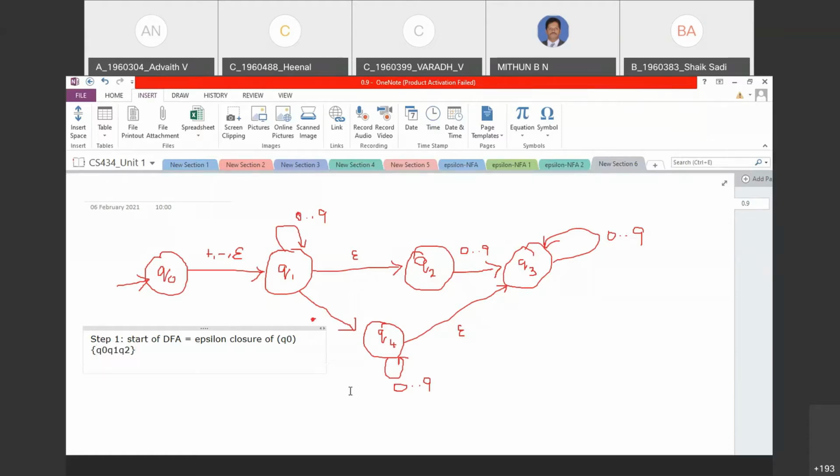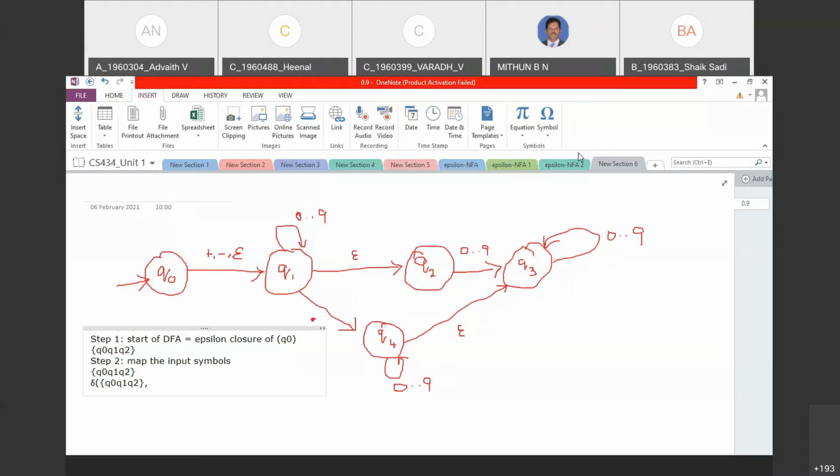Now step 2, what has to be done? Map the input symbols to the start state and continue. First state is Q naught, Q1, Q2. So delta of Q naught, Q1, Q2 with, observe properly what are the symbols available here.